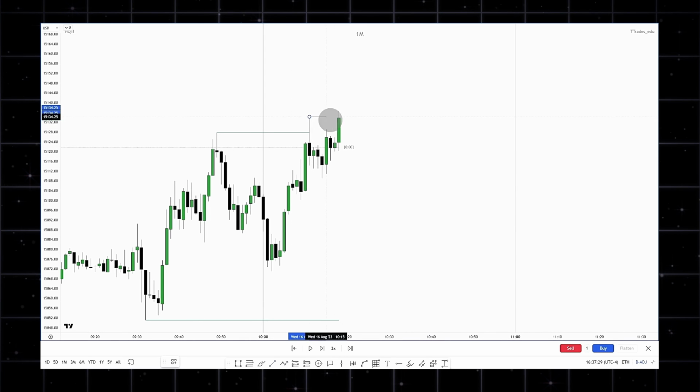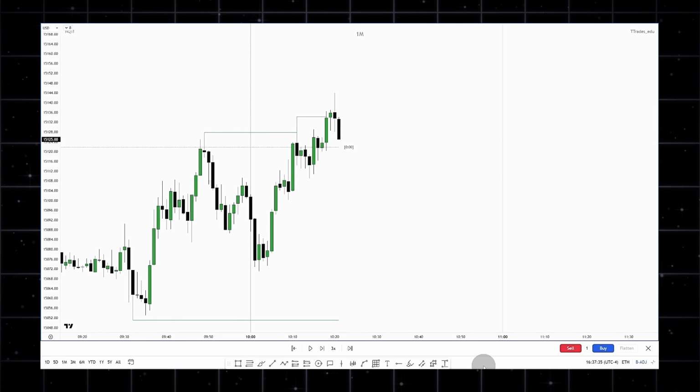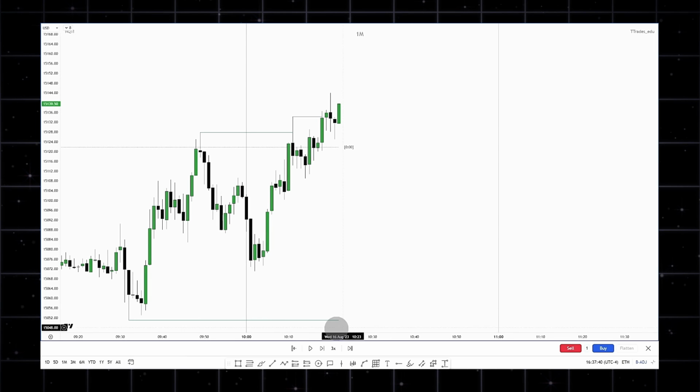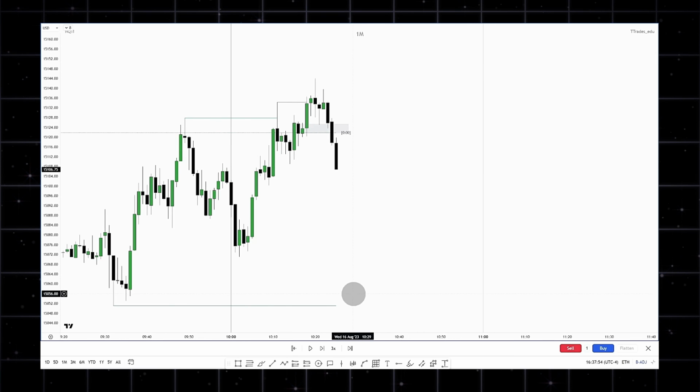Now, let's see what happens here. Okay, come back down, no displacement down. And here what I see is this order block here, because it's supporting price. So we'll let one more candle play out. We have a fair value gap there as well, and midnight opening price.